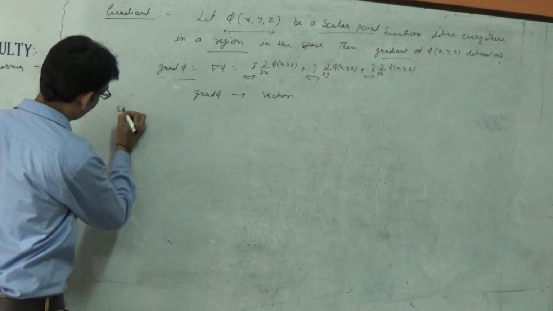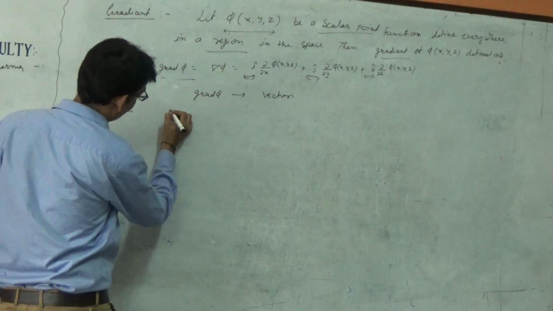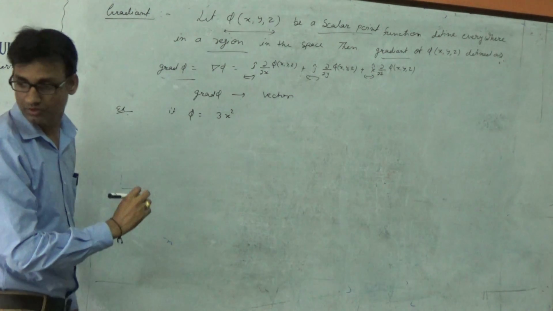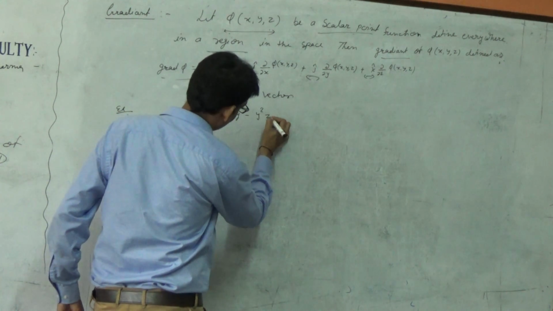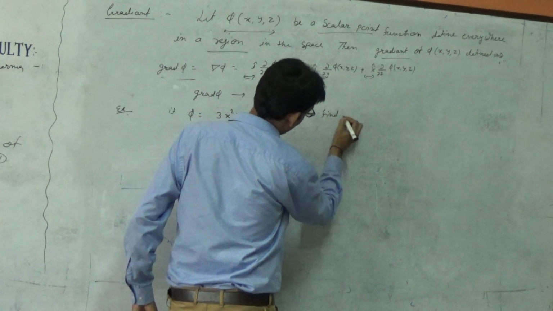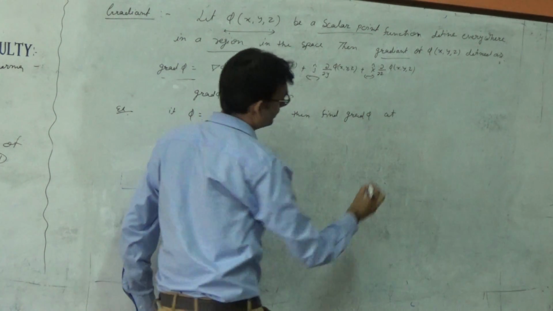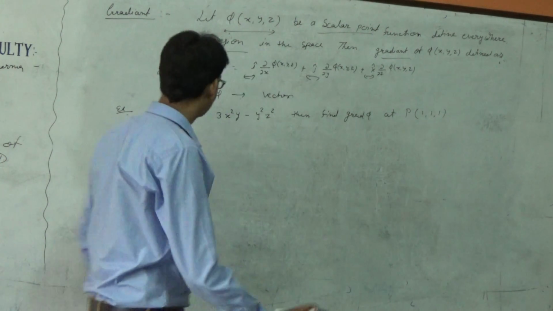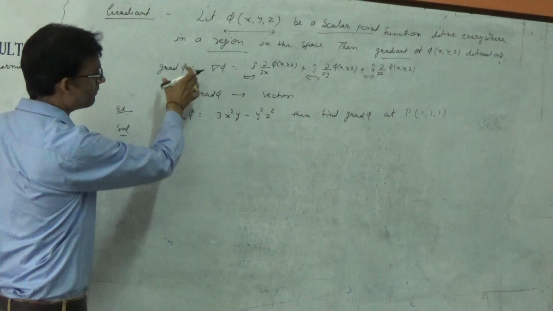For example, given phi equal to 3x squared y minus y squared z, find the gradient of phi at the point (1, 1, 1). We have the definition of gradient.